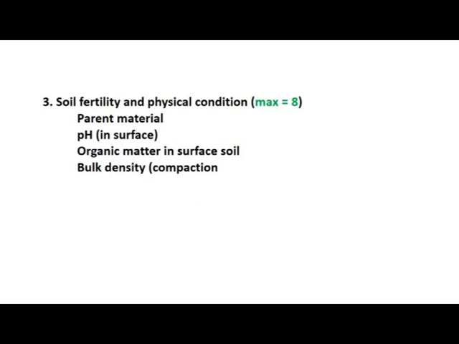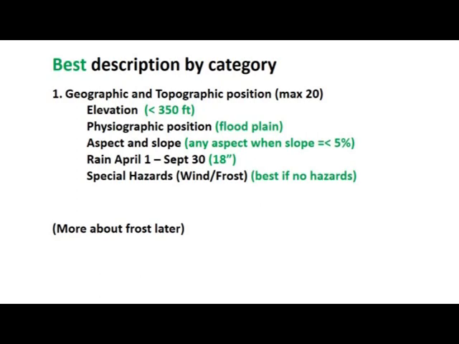So let's go through those by category. The first one, geographic and topographic position. The very best number you can get is if the elevation is less than 350 feet. So low elevation sites. The very best sites are going to be in floodplains or at the toe of a slope, so they're going to get a little bit of extra moisture in the summer.